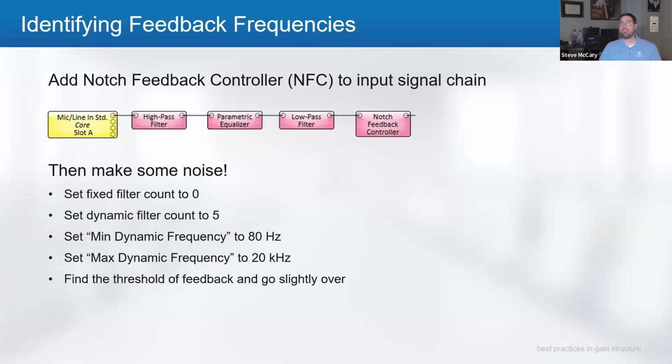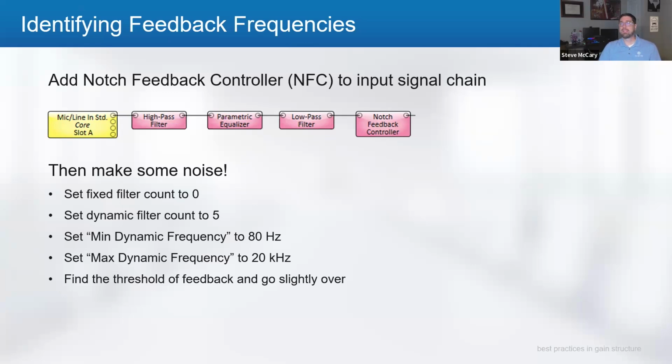If you are just using it to commission a system, you can put the notch feedback controller in line, do the commissioning, and then go offline, delete the notch feedback controller, and then repush your file so that you're not using all of those resources all of the time.